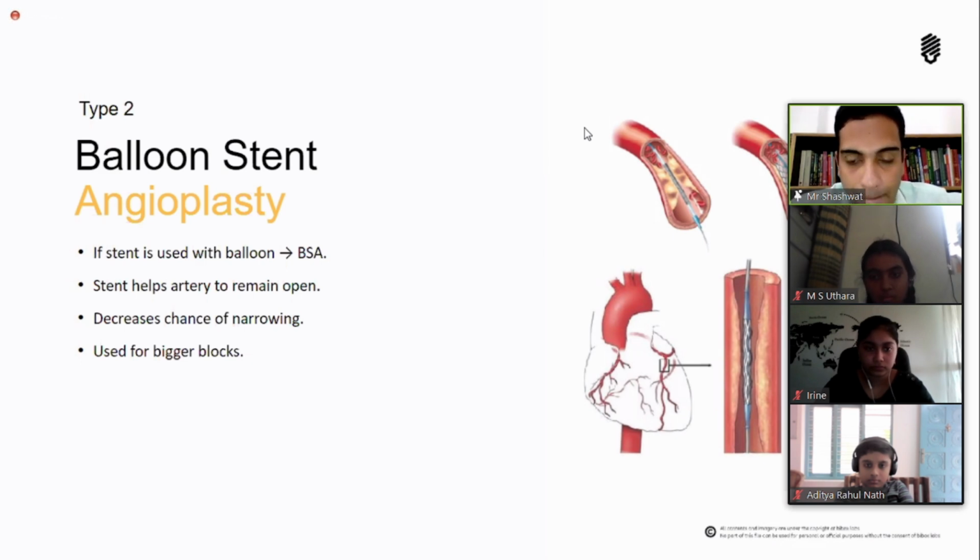In type 1, a stent is not used. Correct. So the only difference in the second type of angioplasty is that along with the catheter and balloon, we are using a metal mesh, which is known as a stent. Sorry, this is the second type. Clear?